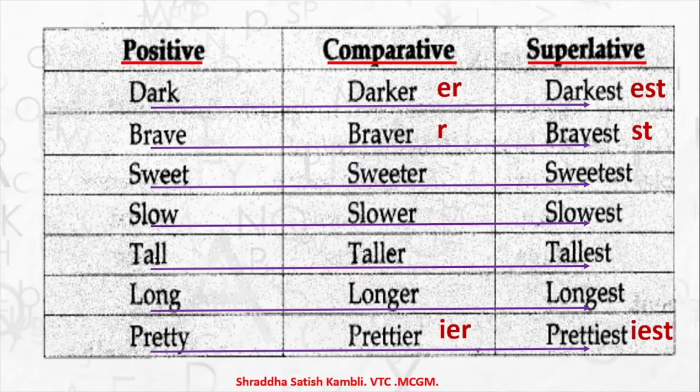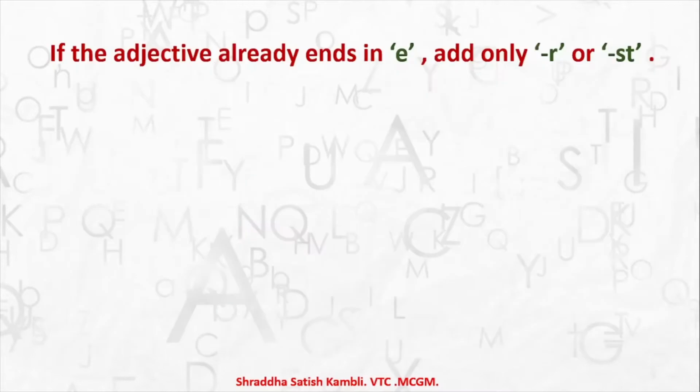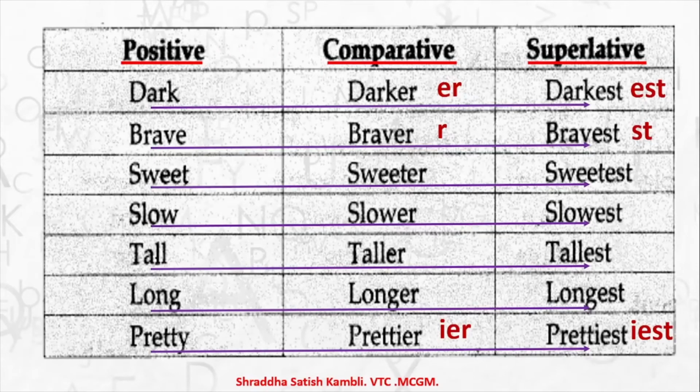So now we saw that there are certain differences when we make comparative and superlative degree for different kinds of words. So let us take a detailed look at what these differences are. So let's start with an adjective which already ends in an E. So if an adjective already ends in an E, then you add only R or only ST. So you do not add ER and EST. Now for example, let's go quite quickly to the previous page.